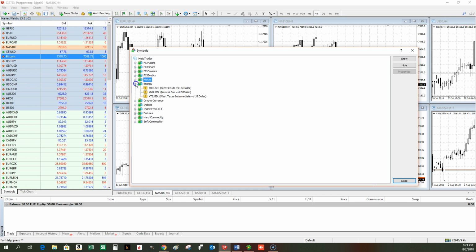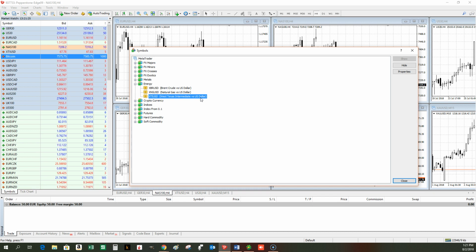Then energy: trading West Texas Intermediate oil versus US dollar is a great instrument to trade with very small accounts.